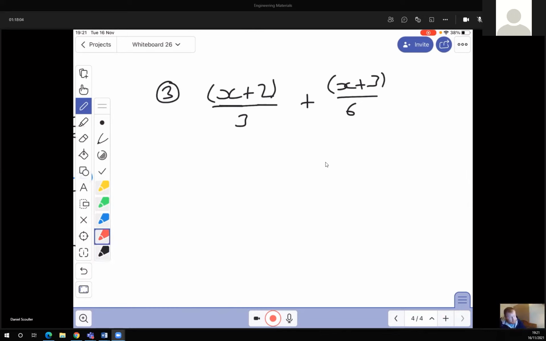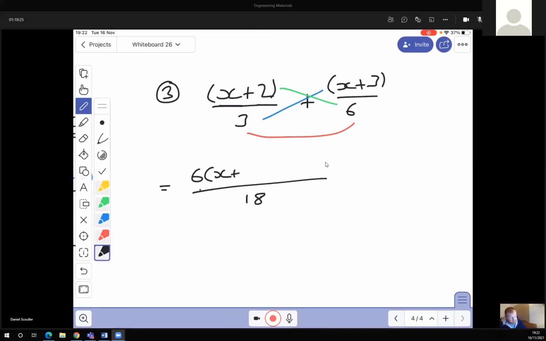But we follow the same process. We want to get the bottom term and then the two top terms. The bottom term in this case is going to be 18, so nothing complicated there. Top terms, we're going to have 6x plus 2. We're breaking out that top line.